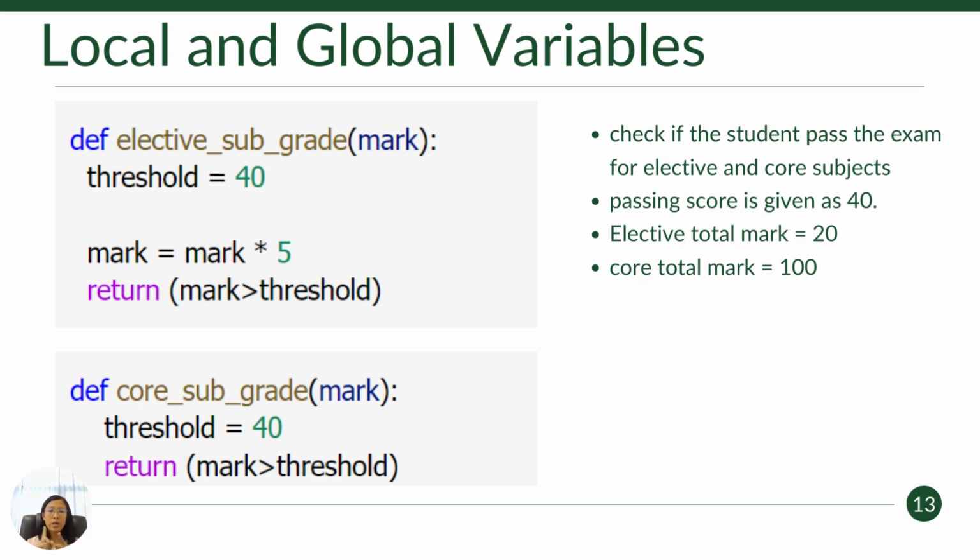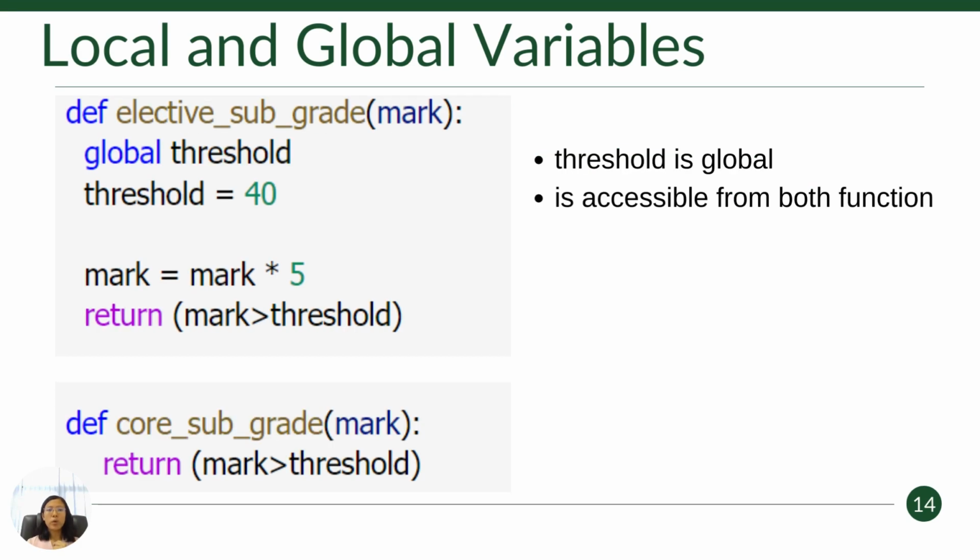Here I need to define a local variable threshold for the elective subject grade, and I need to define the threshold for the core subject grade. Instead of doing that, we can define threshold as a global variable. So here I define the threshold as a global variable in the elective subject grade. In this case, I don't need to redefine it in the core subject grade.